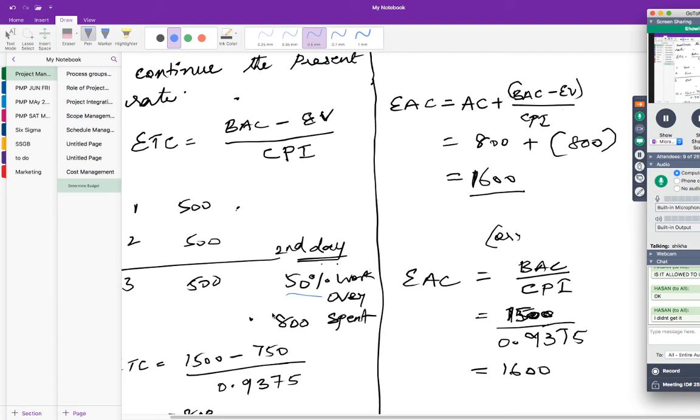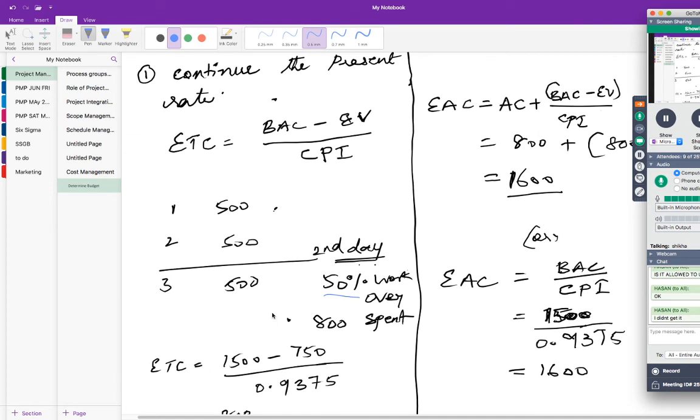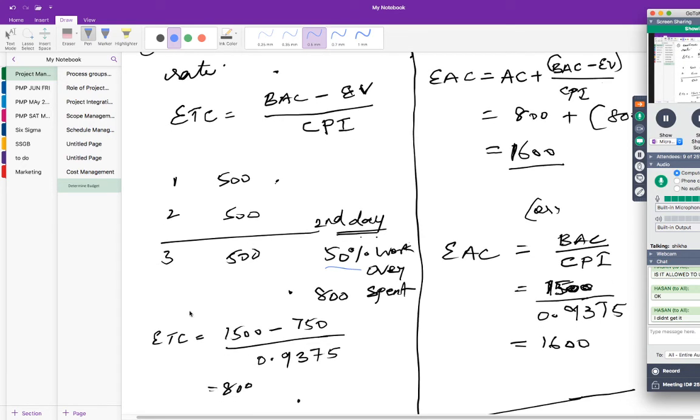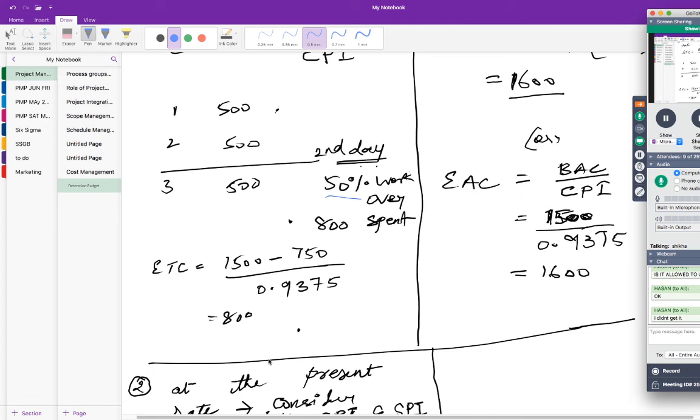In the question they tell you that for the rest of the work, you go at a CPI of 0.8. In this case, what is your ETC and what is your EAC?